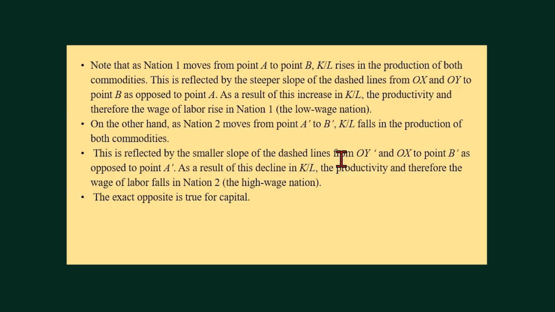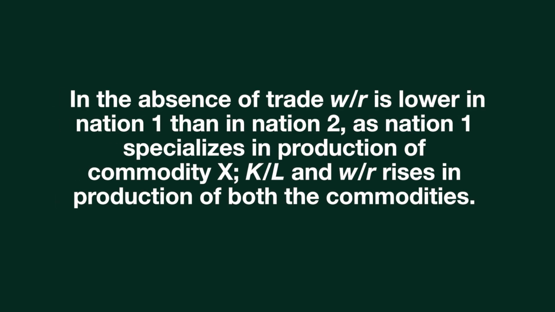This is exactly opposite for capital as compared to labor. In the absence of trade, the wage rental ratio was lower in nation 1 as compared to nation 2, and as nation 1 specialized in production of commodity X, the capital labor ratio and wage rental ratio rise in production of both the commodities.